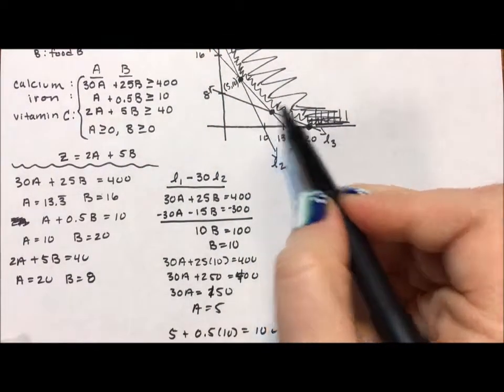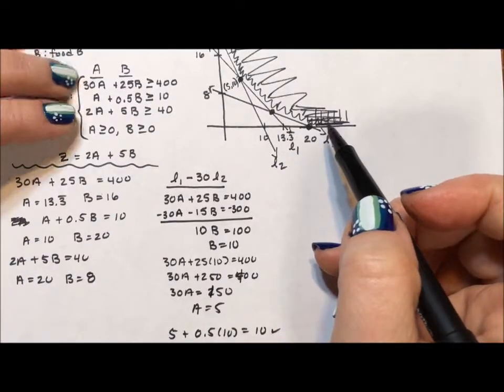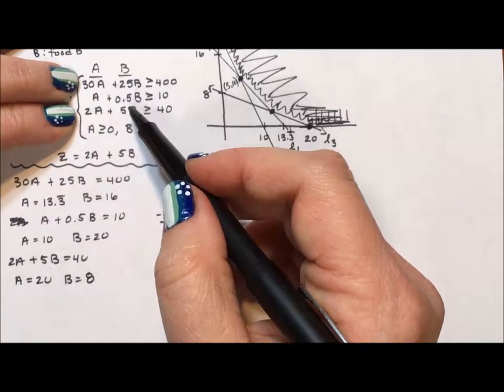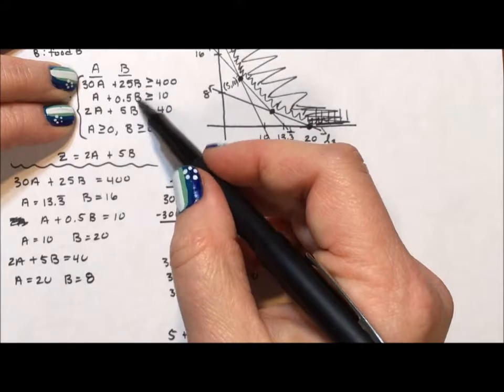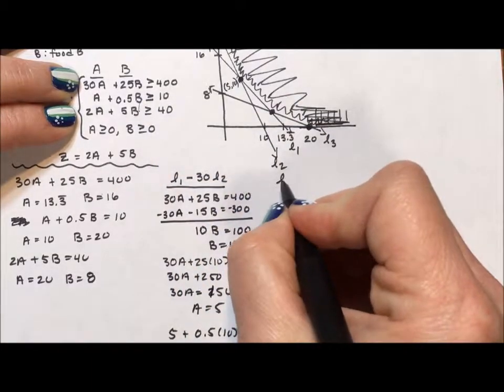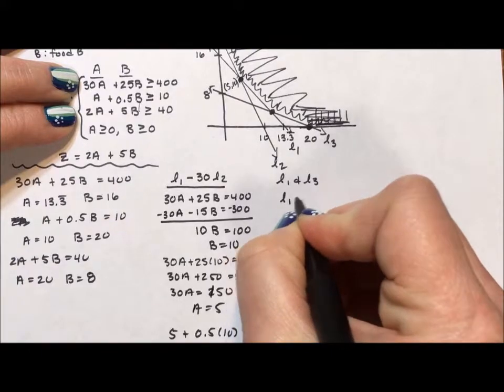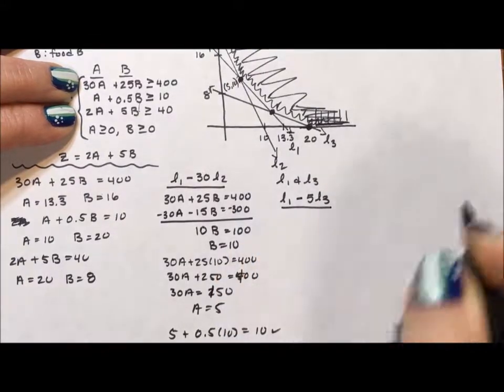Okay, this point is combining lines 1 and 3. If I look at 1 and 3, I think eliminating the B would be easier this time because 5 goes into 25 and I only need to multiply by 5 this time. So for lines 1 and 3, I'm going to take line 1 minus 5 times line 3.